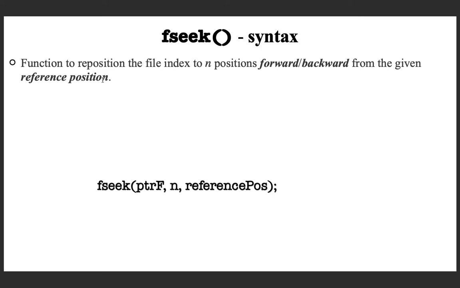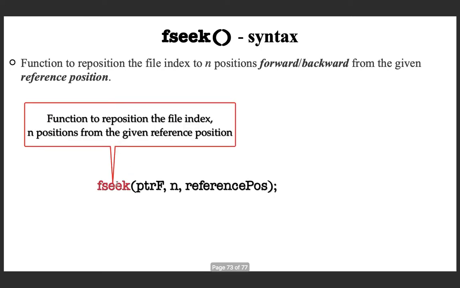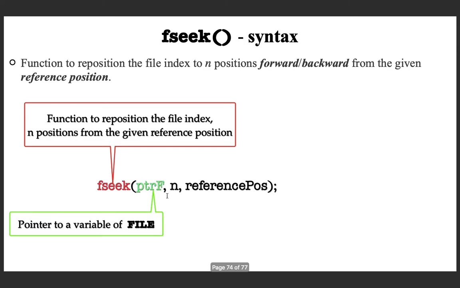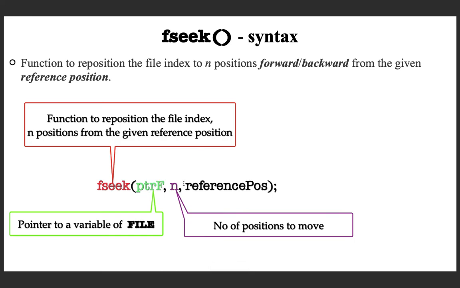The first component is the function name, followed by the file handle, followed by the number of positions to move. You can say plus n or minus n. Plus n means move forward n positions, minus n means move backward n positions.